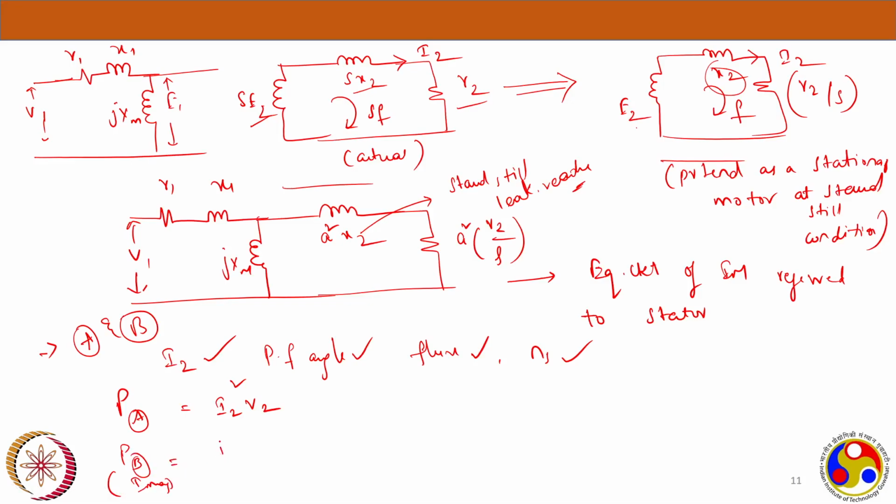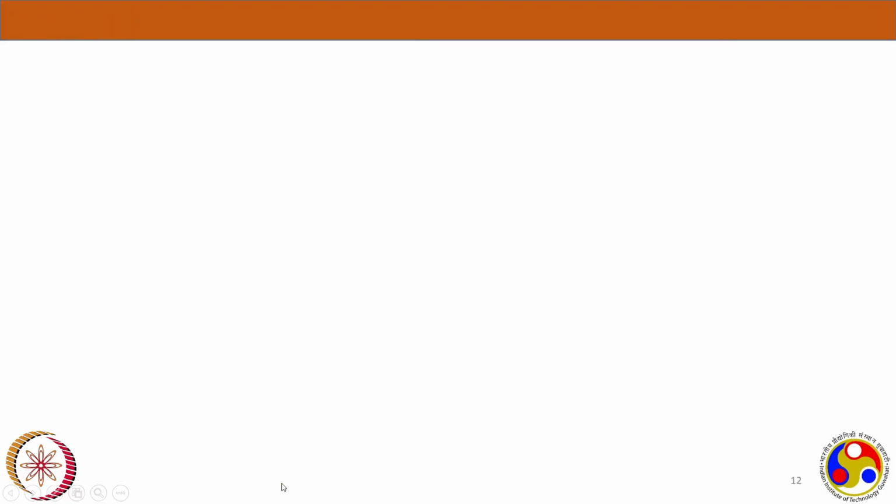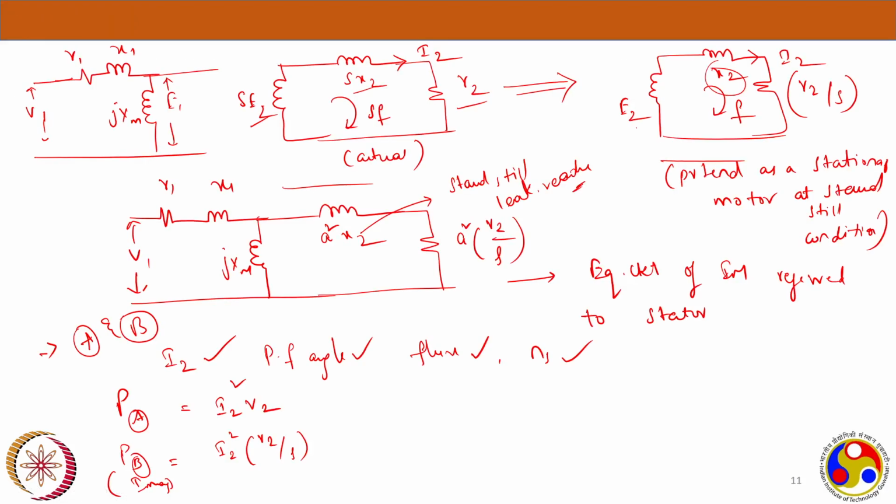In case A, the active power per phase will be I2 square R2. For case B, the imaginary motor, the active power is I2 square multiplied by R2 by S. This R2 by S is much bigger than R2 because slip is in the range of 0.04, 0.05 or so. Dividing by S makes it much higher, so PB will be much greater than PA, which deviates from your actual motor condition.